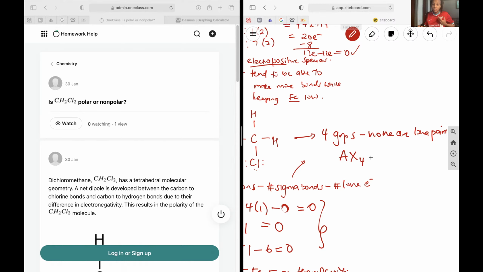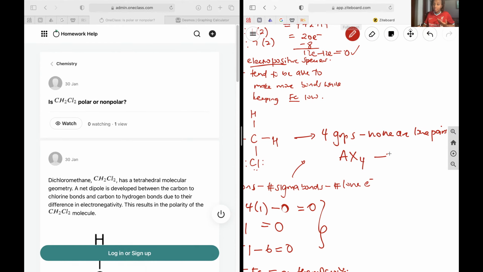If for whatever reason, let's say I didn't have 4 bonded groups, instead I had 3 bonded groups and a lone pair, I'd write AX3 for the 3 bonded pairs, E1 for the 1 lone pair.